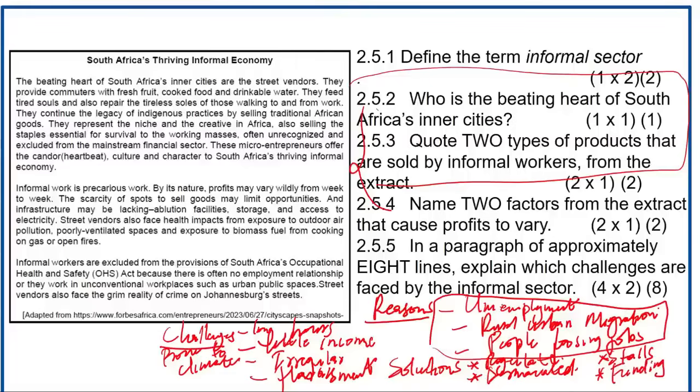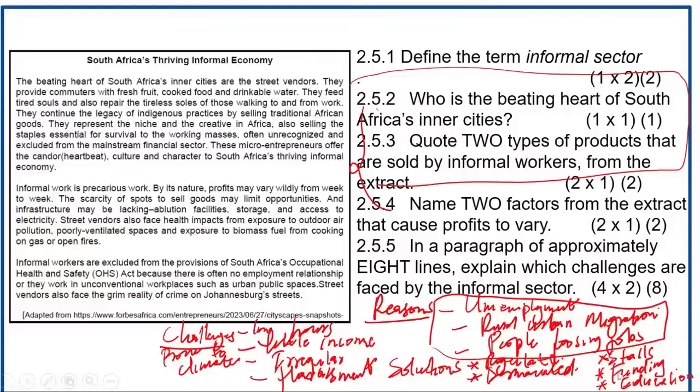The government can assist them with funding. The government can assist them with education and skill development. So the government can assist them in a number of ways.